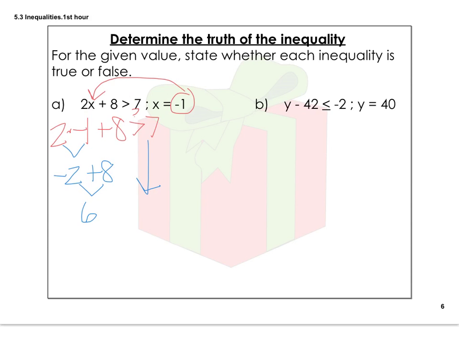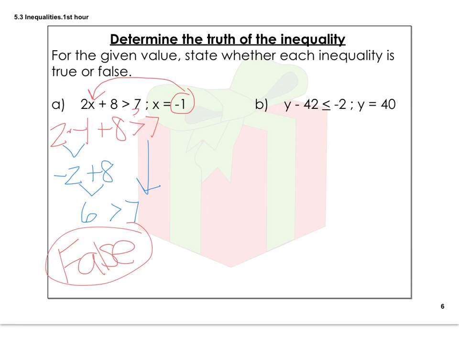Now, we're doing all of this because we wanted to see, is that number really bigger than 7? Well, is 6 bigger than 7? And all of you guys should be saying, no, that's not true. This is false. So that means when x is negative 1, we do not get a true inequality. We get a false statement. Basically, it's like, oh, it's lying to us, is basically what it's doing.